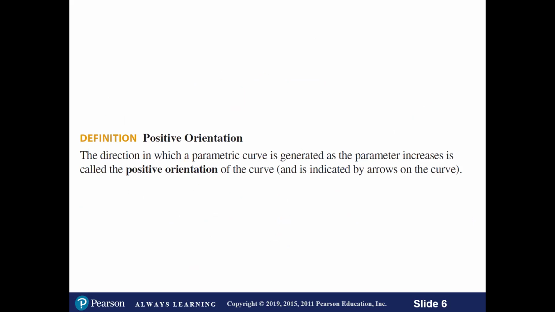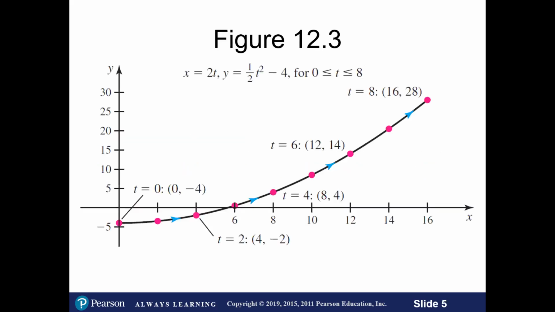The direction in which the parametric curve is generated as we increase that parameter is called the positive orientation of the curve. And we can indicate it with arrows to show that as we increase t, this is the way the curve goes.